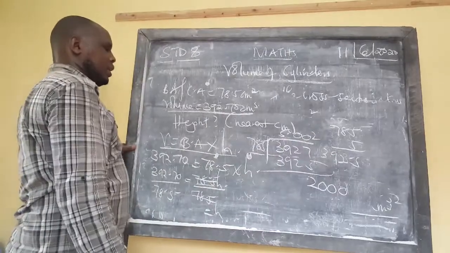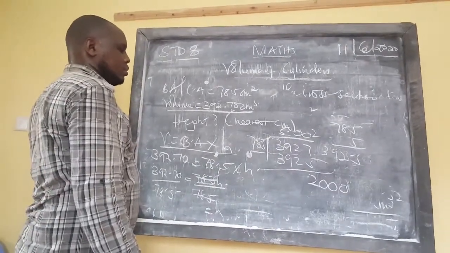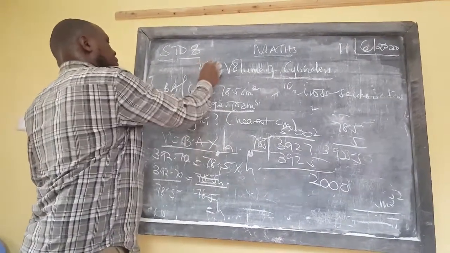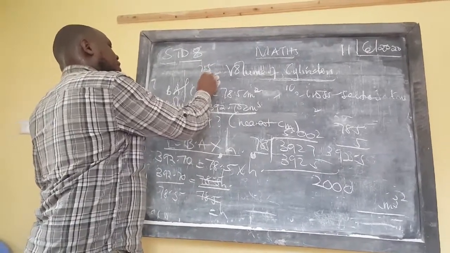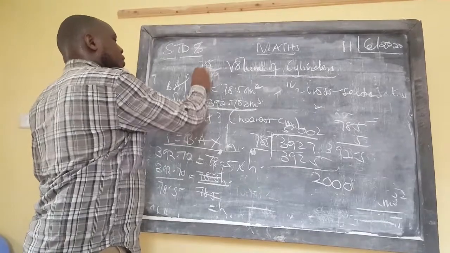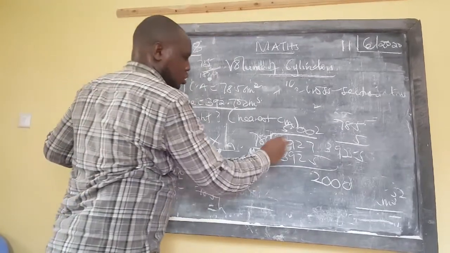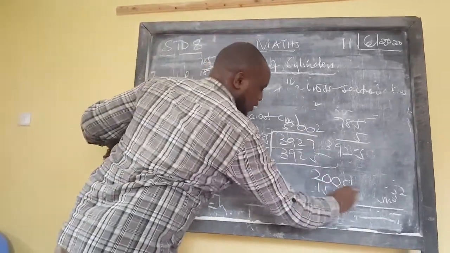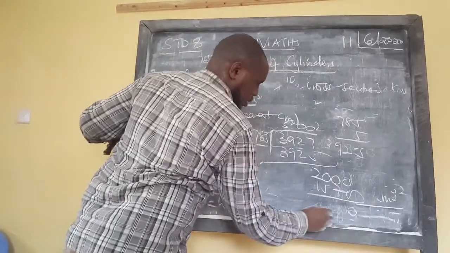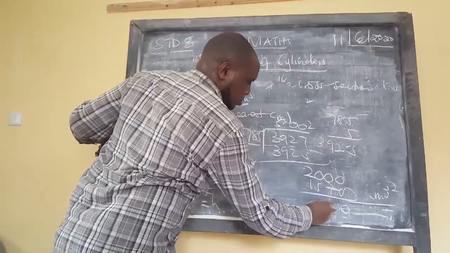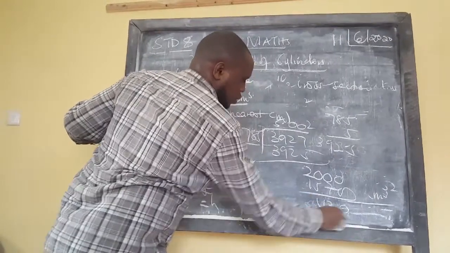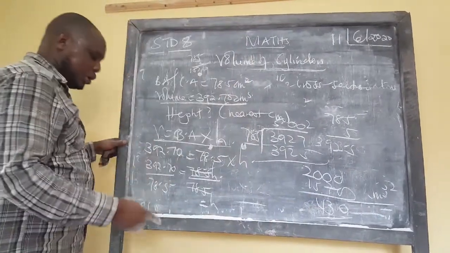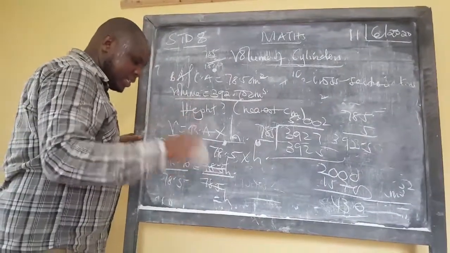785 by 2 gives 1570. But you will be told to give your answer to the nearest centimeter.